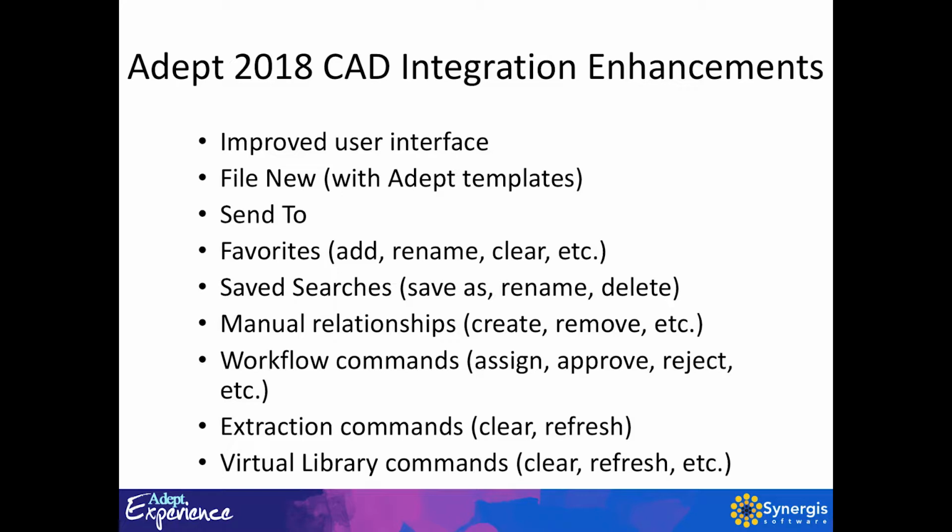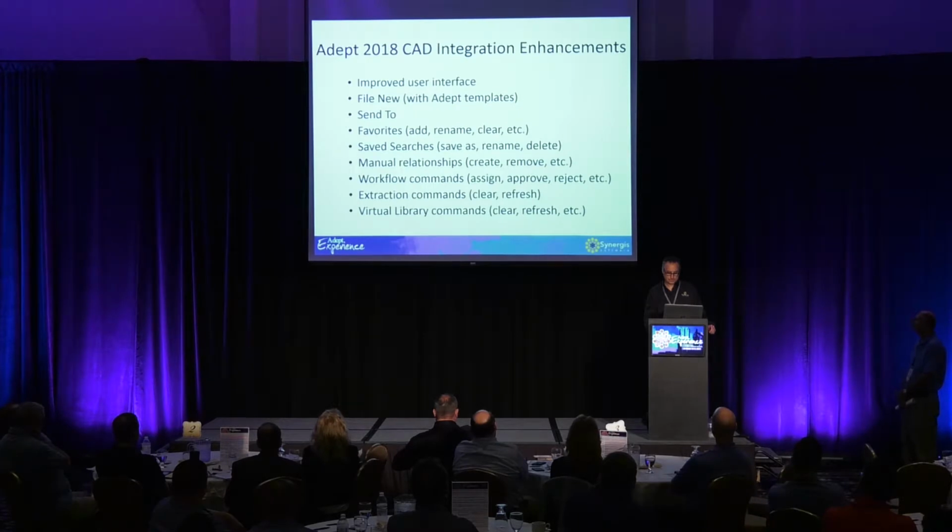Some of these include send to command when you create new files, being able to use the templates that you would typically have gotten from the desktop when you created new files, as well as being able to take part in workflows, approve and reject. Even some of the movement between the virtual libraries is going to be manageable right from that location.